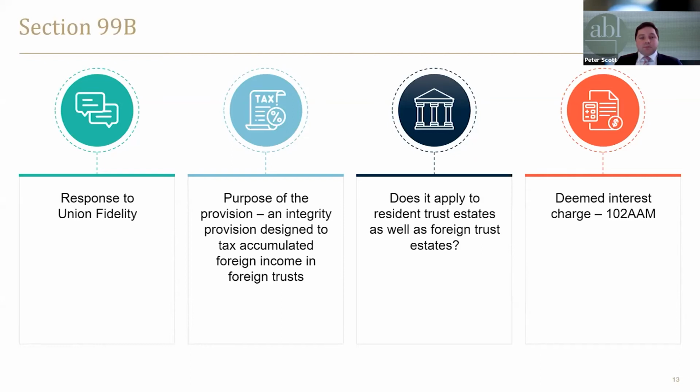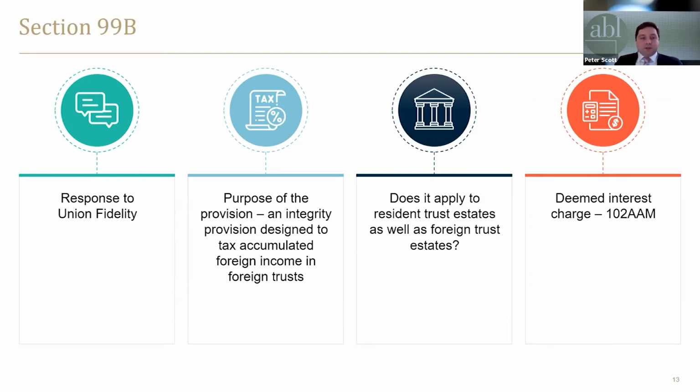provisions were targeted. A question that we're commonly asked is whether Section 99B can in fact apply to an Australian trust, notwithstanding that it's clearly aimed at foreign trusts. The wording of Section 99B itself doesn't provide much assistance and doesn't clearly limit the scope of the provision to foreign trusts.